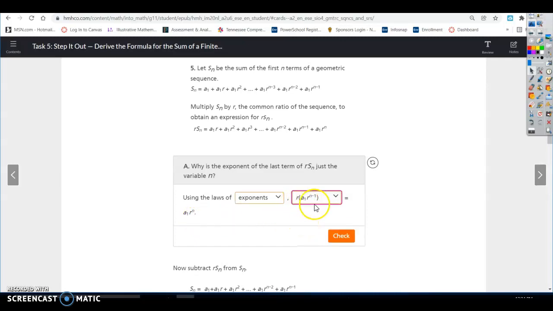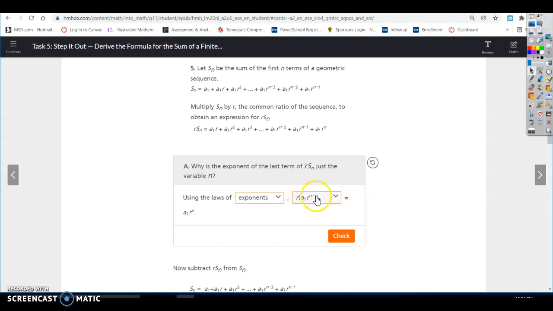Okay, so remember, properties of exponents here. Well, my pen's not working. Alright, so remember this is r to the first power. And then if I put my r's together, same base, I add exponents, a first power and an n minus 1 power.